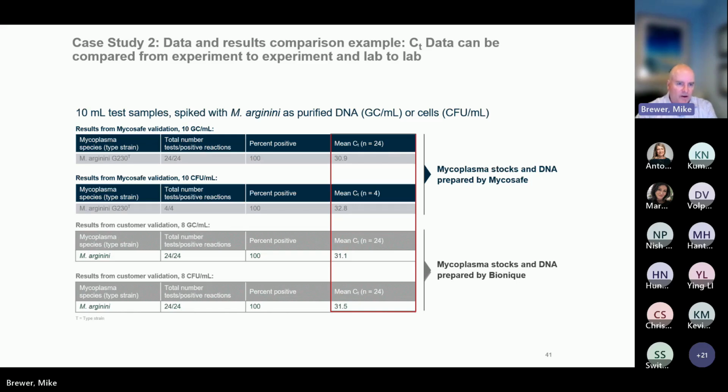But what you can see here is 100% positive in both studies, and then importantly, a CT value right around 31. So very, very consistent from site to site, with different Mycoplasma DNA and CFU stocks prepared, but very, very similar and comparable data between the two labs.